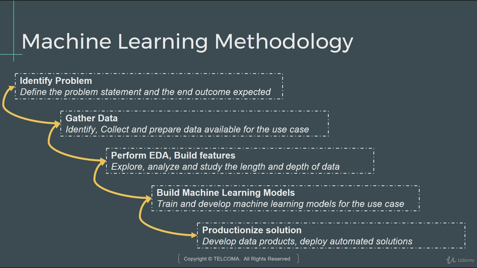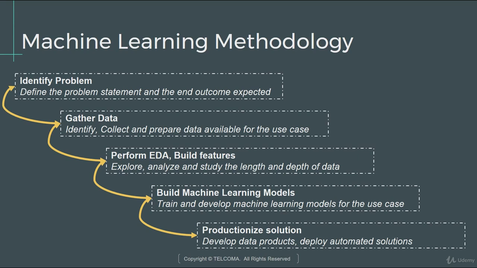So gathering data, or step 2 in this process, is getting the data under one roof. Typically, in a large organization, data would be spread across heterogeneous sources and probably in different formats. So getting them under one roof and in a simplified format so that you can go ahead with the analysis is the step that naturally follows after identifying the problem.